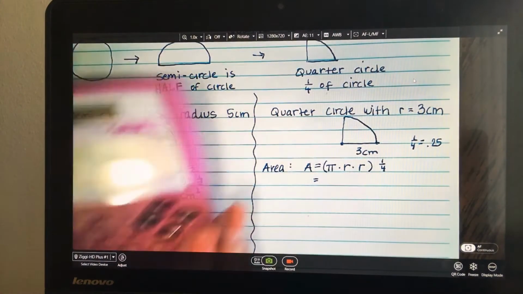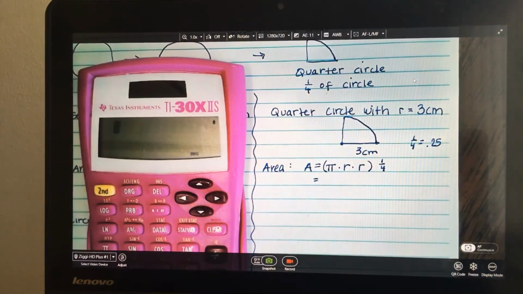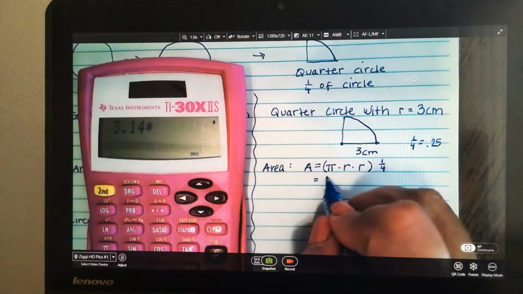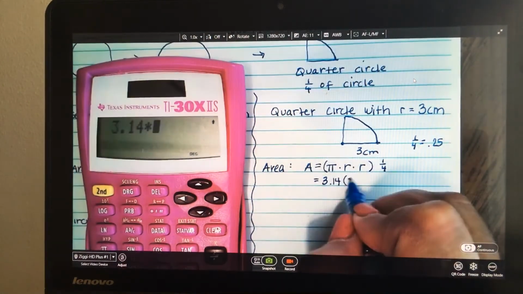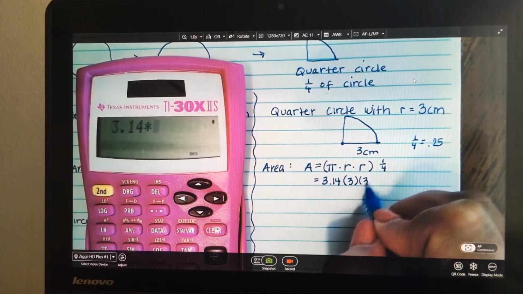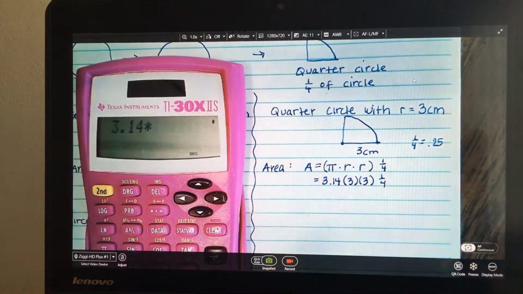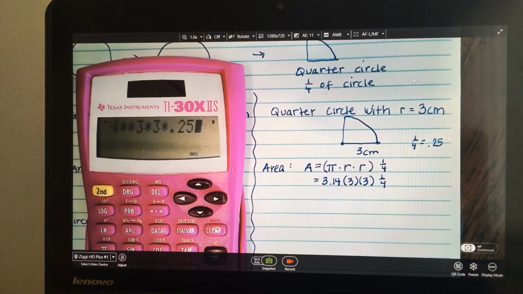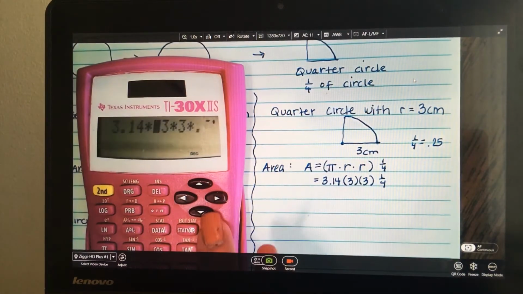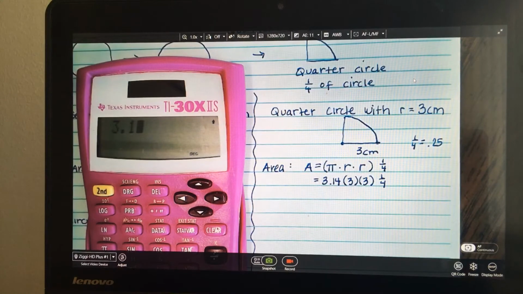So in my calculator, definitely calculator appropriate, 3.14 times radius 3 times radius 3 times 1/4. And again, 1/4 is 0.25. Oops, I hit something wrong. Try that again. 3.14 times 3 times 3 times 0.25.